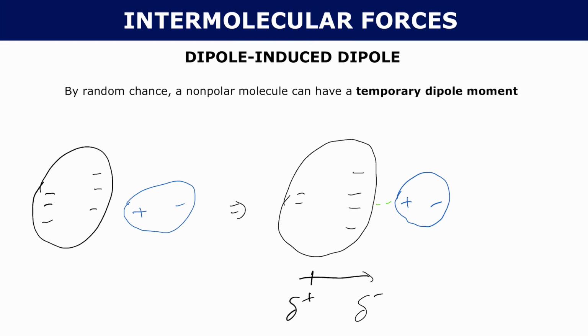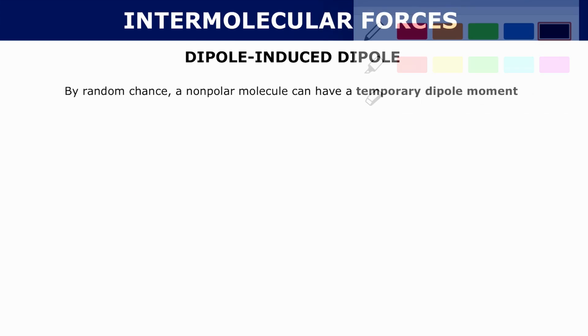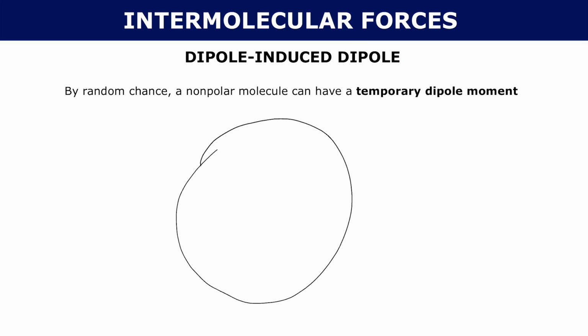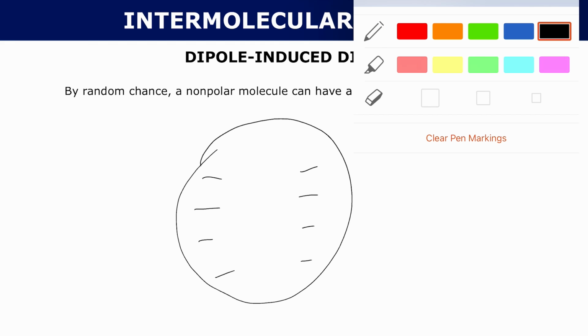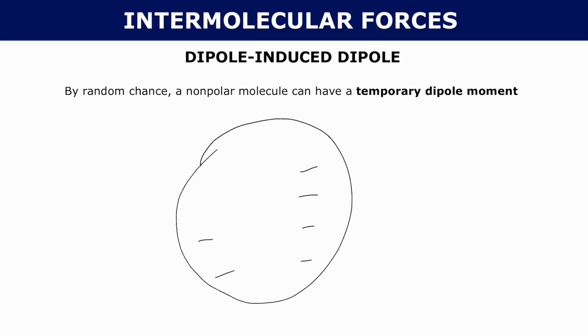Now, there doesn't always need to be some sort of ion or dipole to cause this to occur. Let's say I have some sort of nonpolar compound here, and there's an even distribution of the electrons. Again, remember that these electrons are not just stationary, they're free to move, and they are constantly moving. So let's say there's a moment in time while all the electrons are moving that there's more electrons on one side as opposed to another.